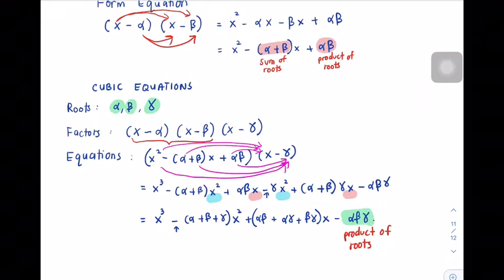So in the cubic equation, the constant term, the term without any variable, is the product of roots. So we will use that value to try and solve.